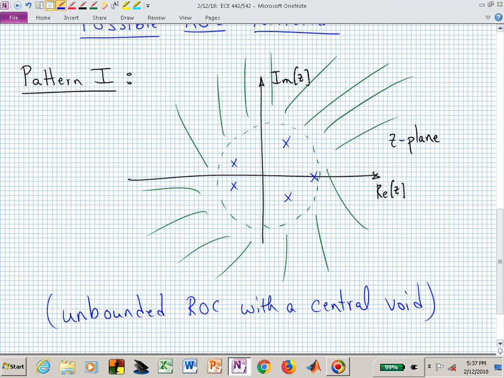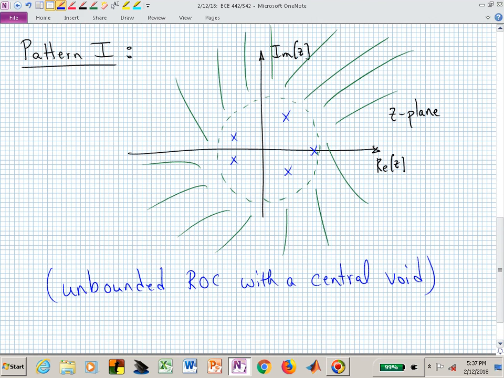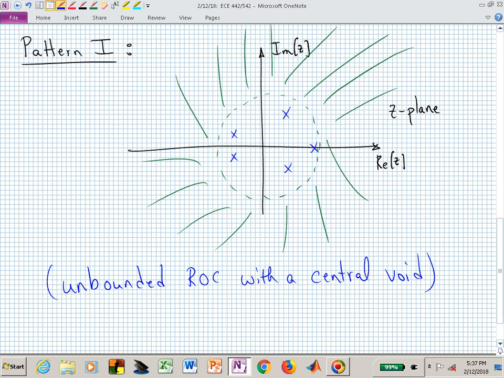Nowhere have I indicated a unit circle on this z-plane. That's why this drawing is independent of stability, because I haven't yet indicated anything about the unit circle. But is it clear that the region of convergence is going off to infinity by this diagram? That's what I'm meaning by unbounded. That's in the z-plane. So the region of convergence includes infinity.